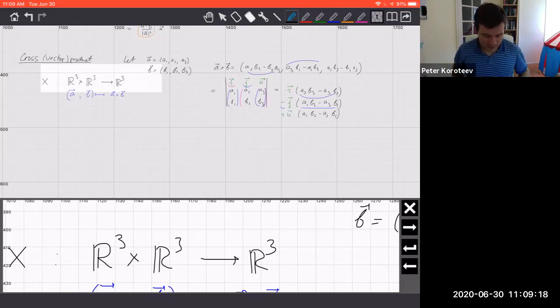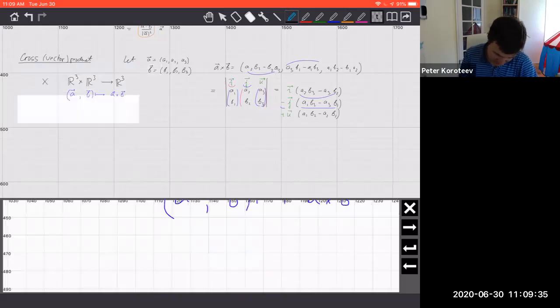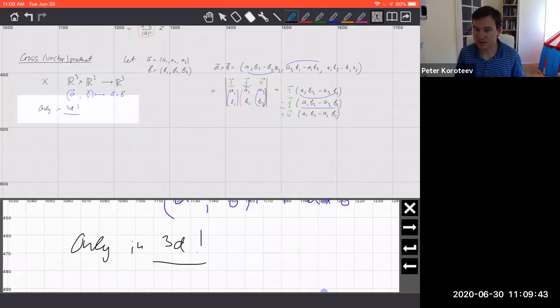So here I think of R3 as a space of vectors. It's important that the cross product only exists in 3 dimensions, whereas the dot product exists in any number of dimensions.